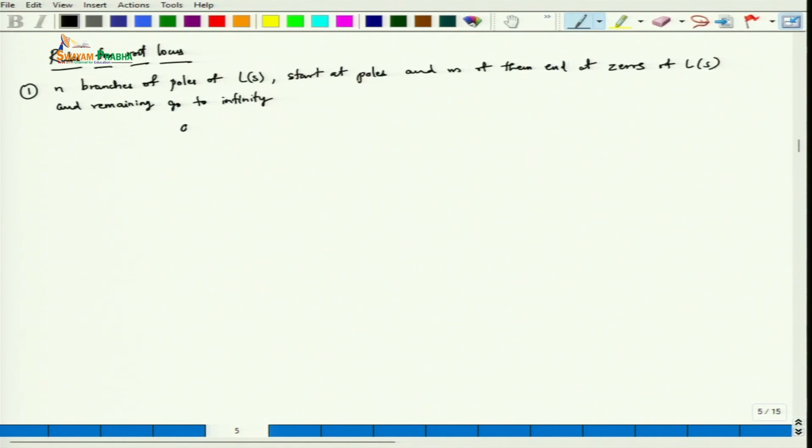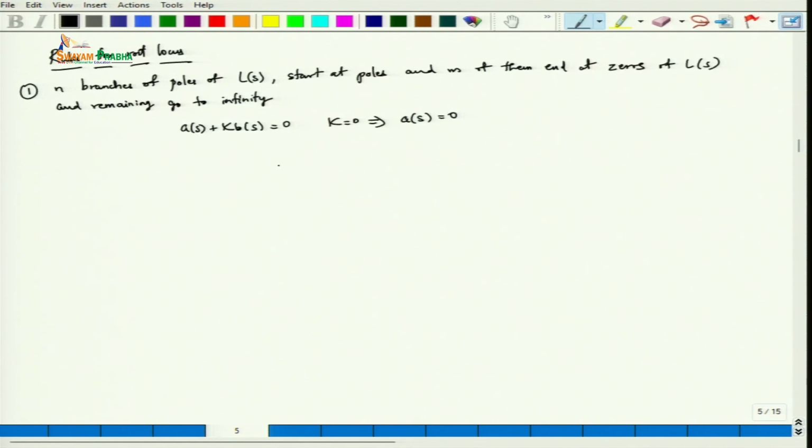So if we consider the equation, this is what we had discussed a while ago. Now if I insert k is equal to 0, this translates to the equation A of S is equal to 0.